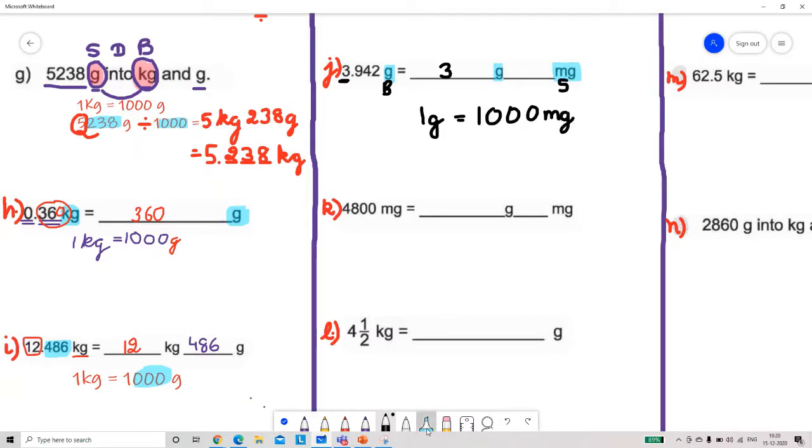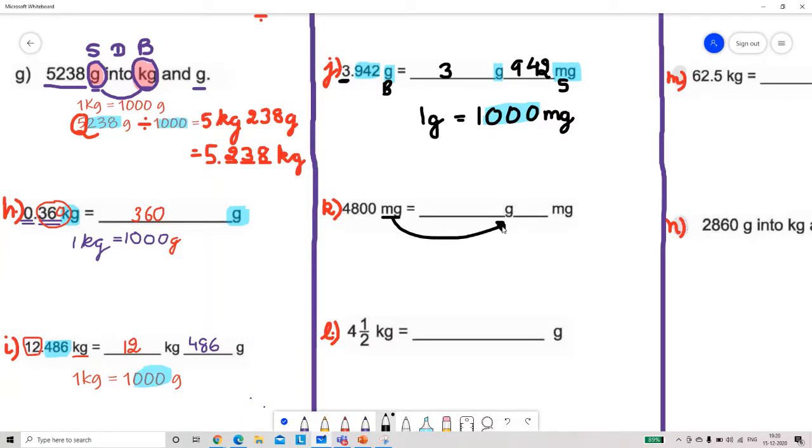So again, how many zeros here? 3 zeros. So that means 3 digits. So what are the 3 digits? 942. So the answer will be 942 milligrams.